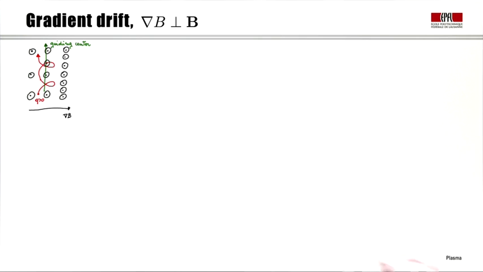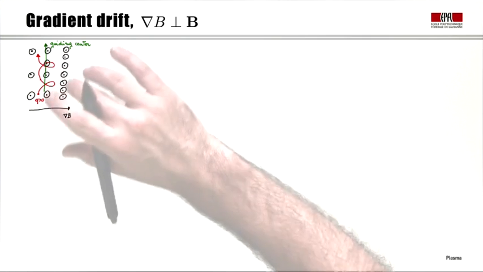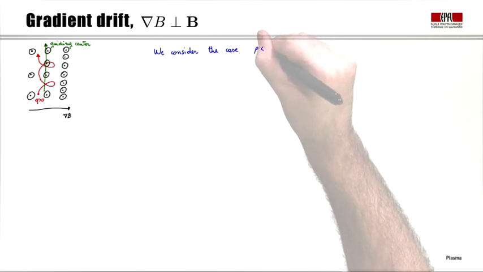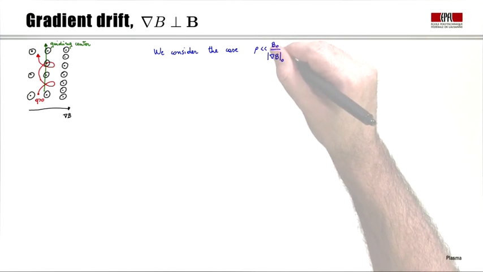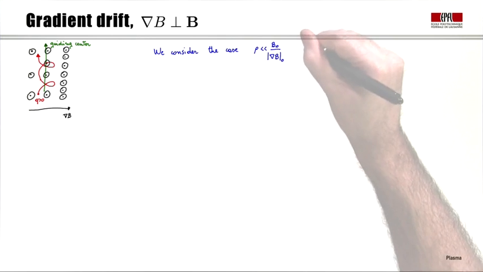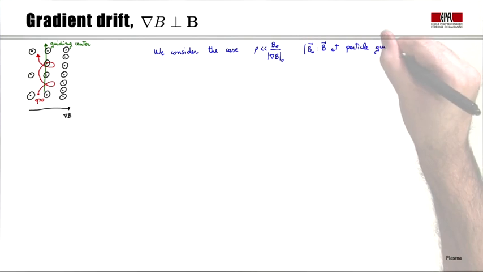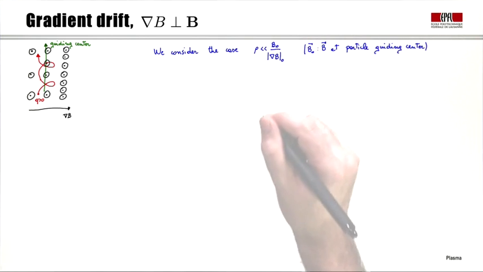We will consider the limit of Larmor radius that is much smaller than the typical scale over which the magnetic field varies. With a 0, for example B0, I will denote the value of the magnetic field or of its gradient at the particle guiding center. What is the advantage of doing that?